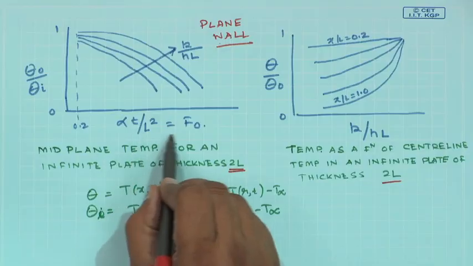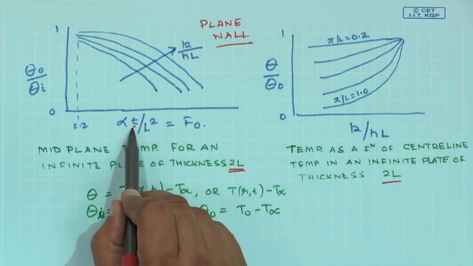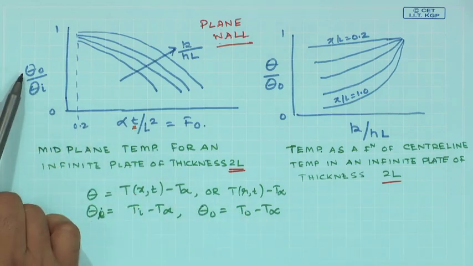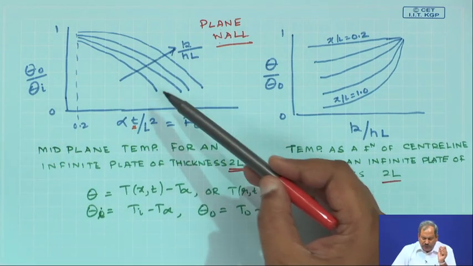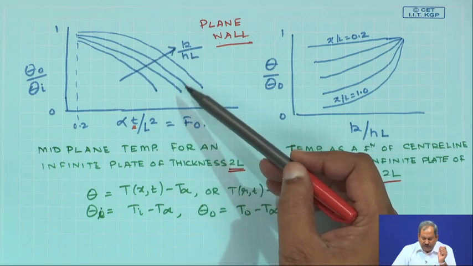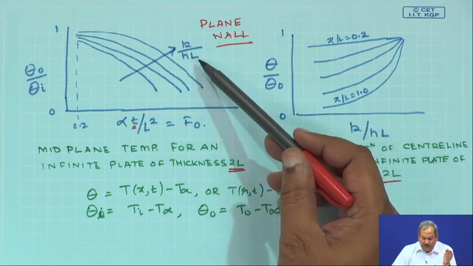So, use the Heisler chart. The first Heisler chart where the x axis is going to be Fourier number. So, if you look over here, the x axis is Fourier number which contains the time, and the y axis is the center line temperature. So, for different values of Biot number, or rather inverse of Biot number, what you need to do is first find out the Biot number for your system.